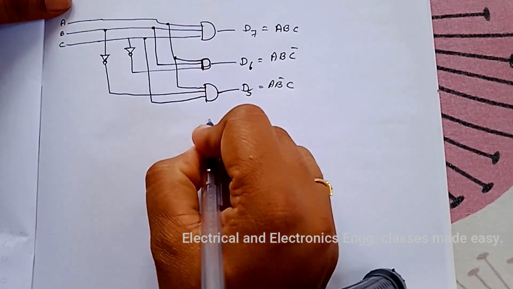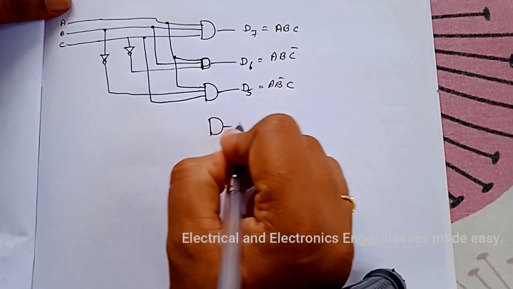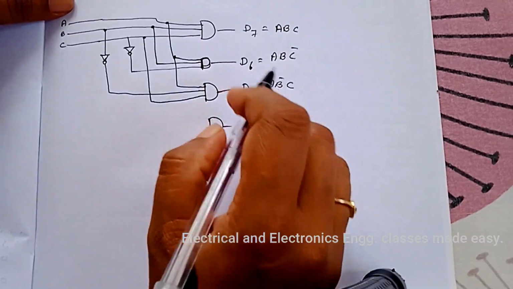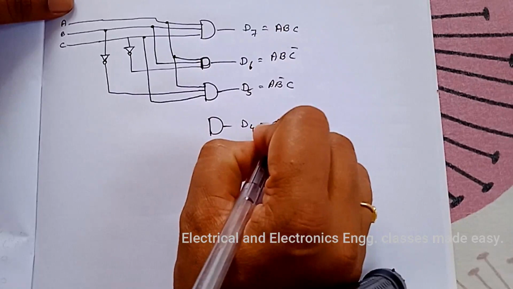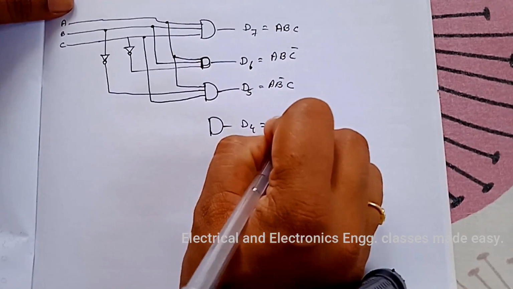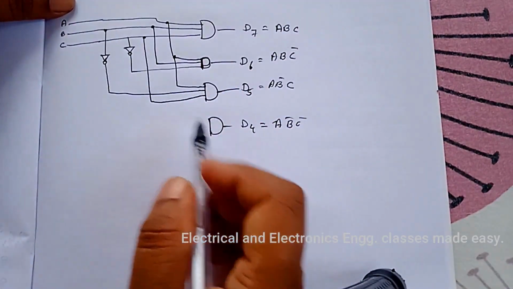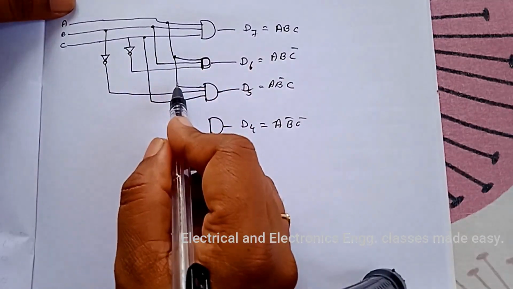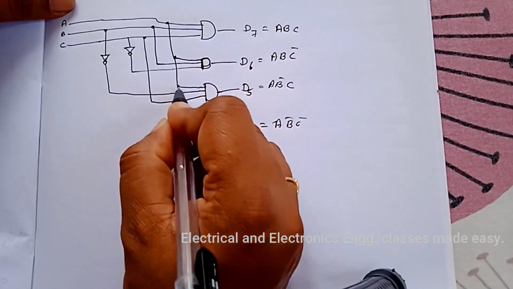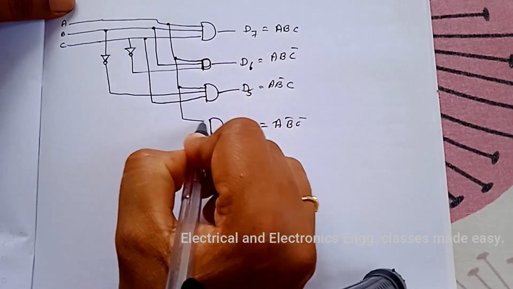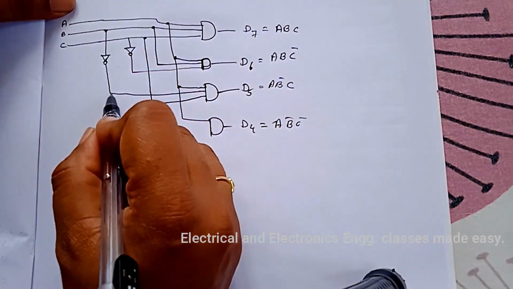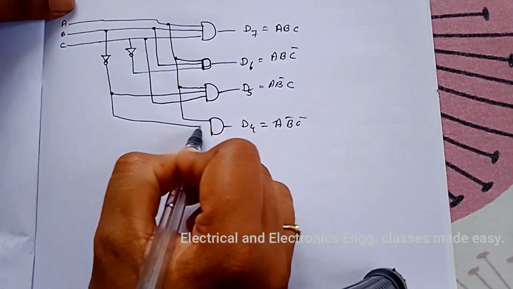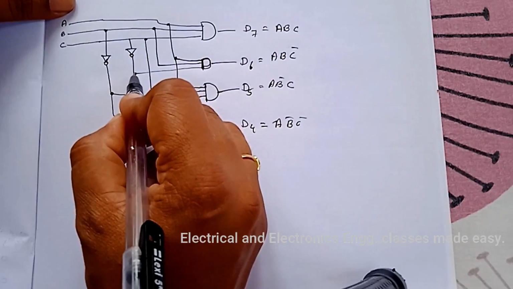Next is D4, and for D4 we get A, B bar, C bar. So A is here, then B bar, then C bar.